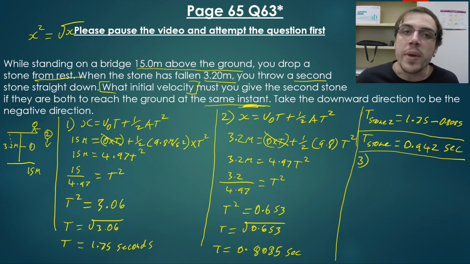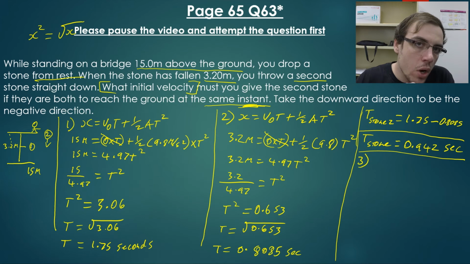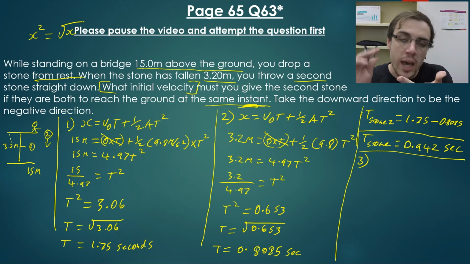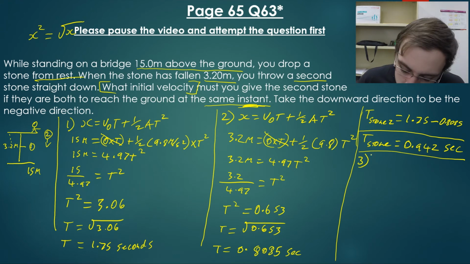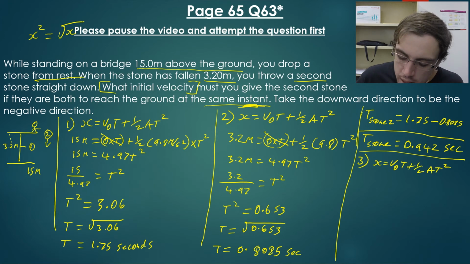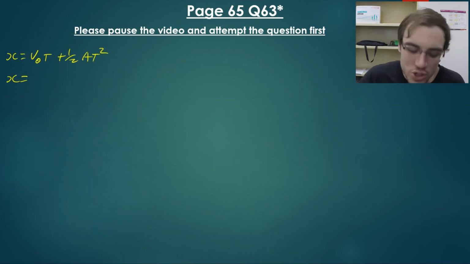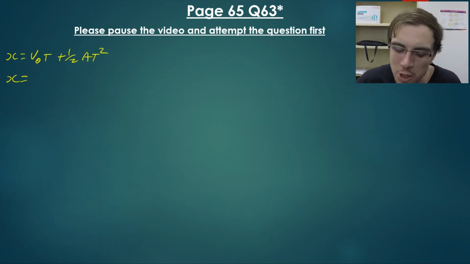Because we know how long it took that stone to get there, and we know the total distance that it's going to travel, we can now calculate the initial velocity. So again, we change things around a little bit. We have our displacement. The total distance that stone number 2 traveled was 15 meters, is equal to v0t. We don't know v0, but we do know time. I'll write it now on this new slide, just so we have a little bit more room.